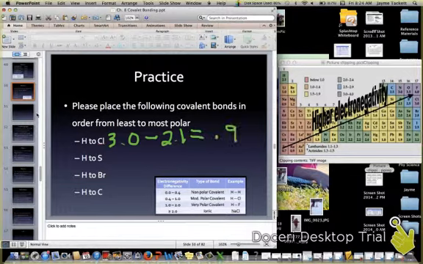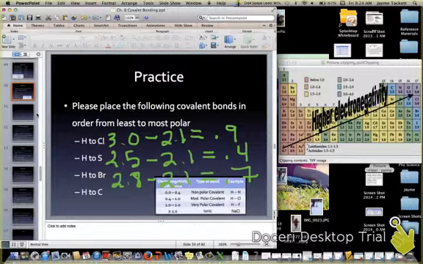Sulfur is 2.5. Hydrogen again is 2.1, so this gives us a difference of 0.4. Bromine is 2.8. Hydrogen is still 2.1, so this gives us a difference of 0.7. And carbon is 2.5, and hydrogen is still 2.1, which gives us a difference of 0.3.